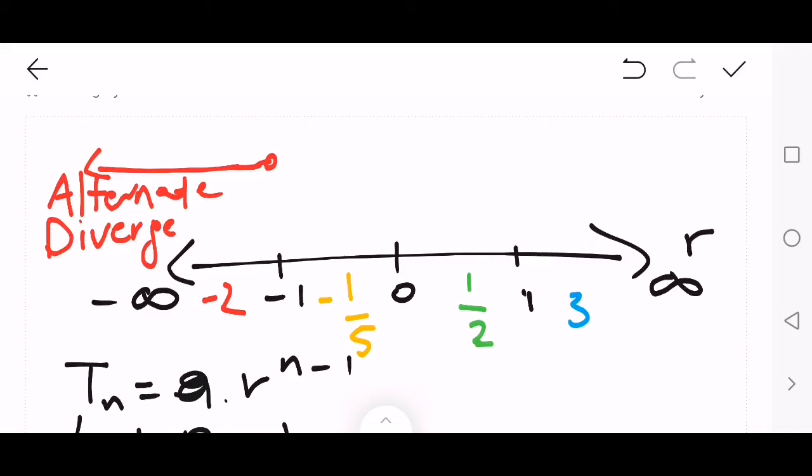And in this region, the sequence will alternate and converge.